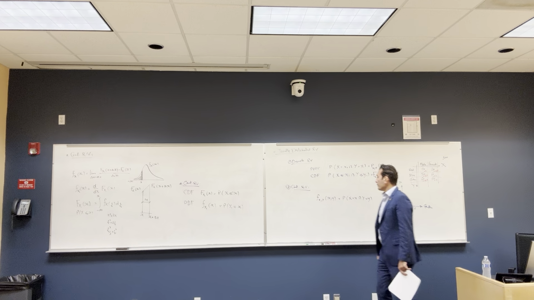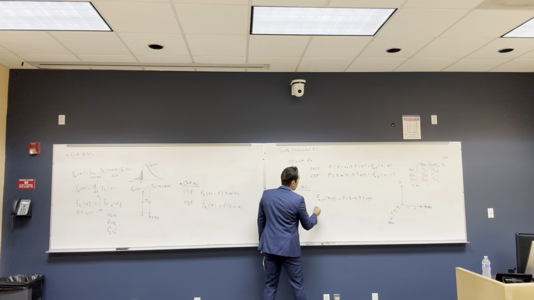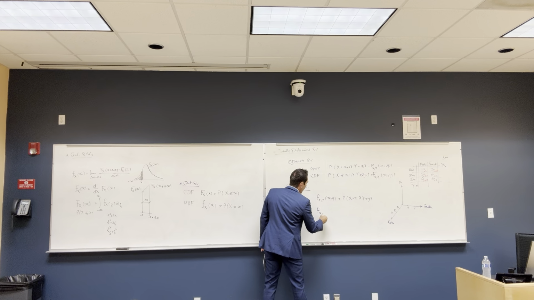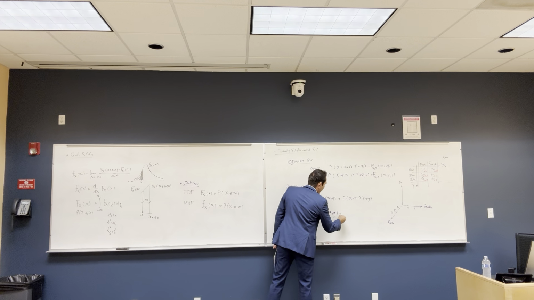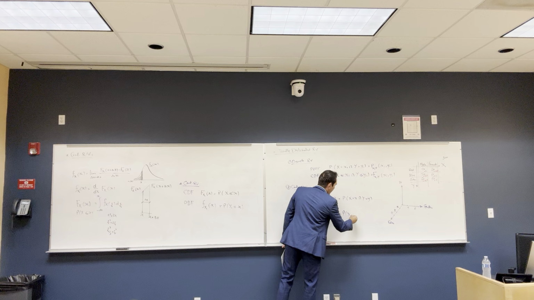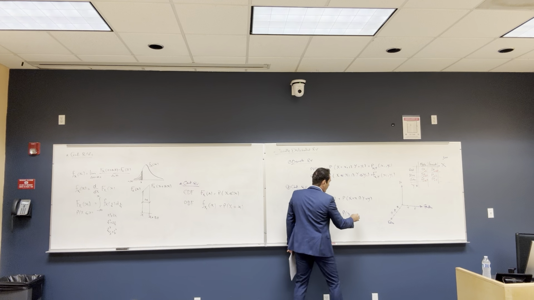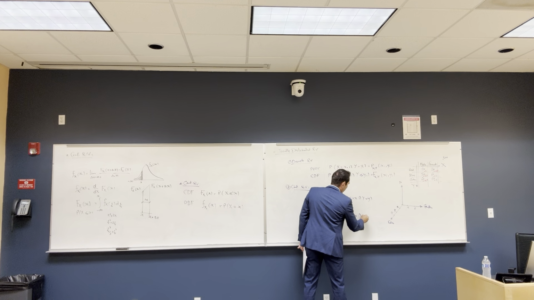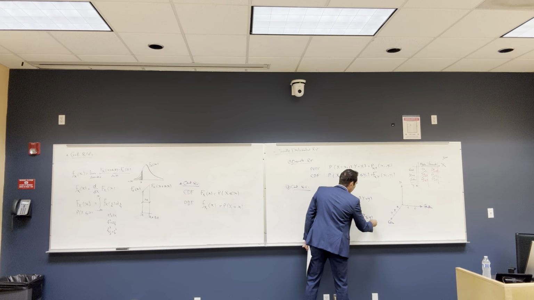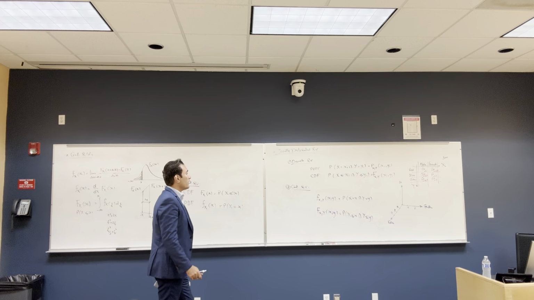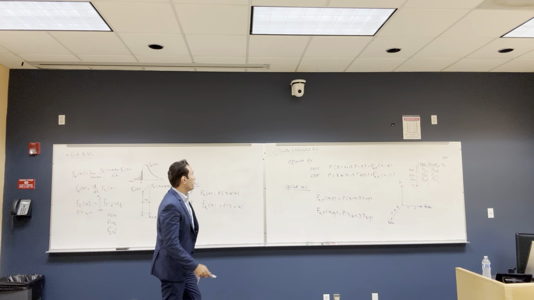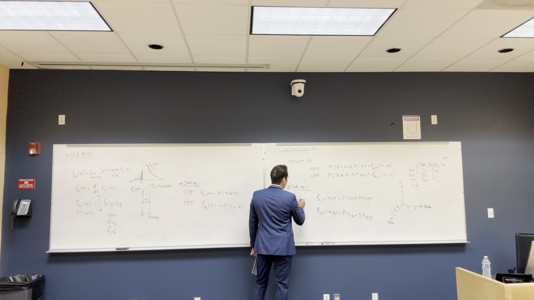The cumulative distribution function, I can write it that way, F of x and y, and that means the probability of your random variable X being less than or equal to small x, and Y less than or equal to small y. So that's how the PDF and the CDF look like.